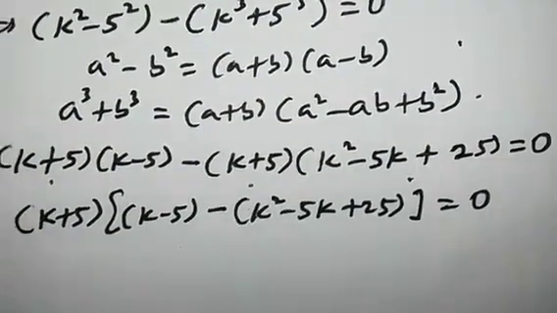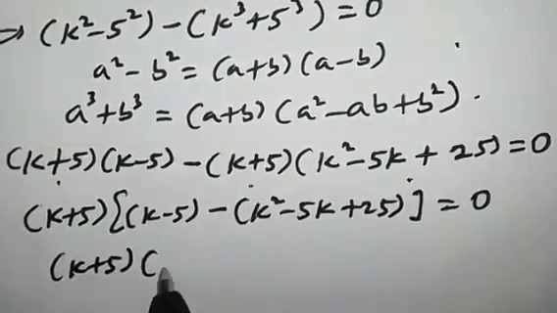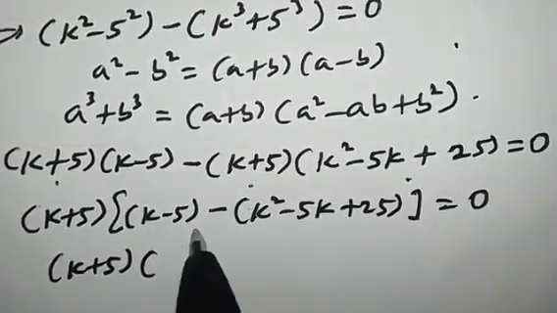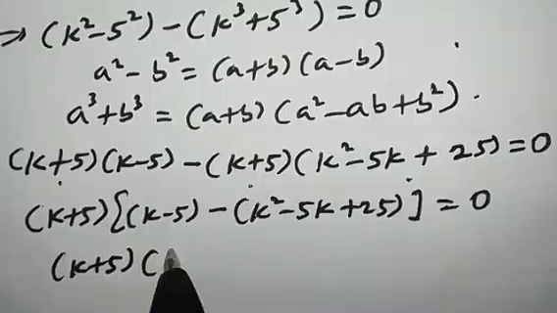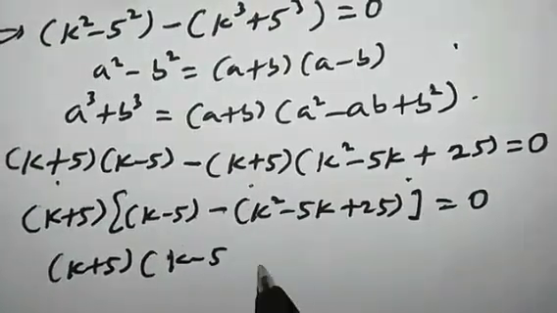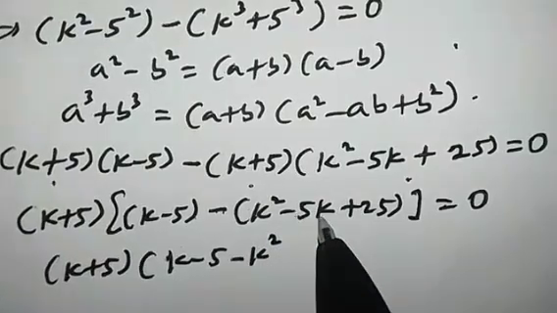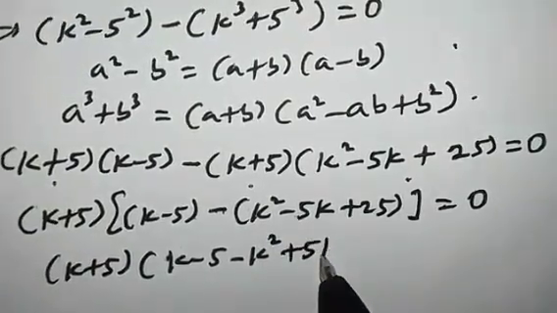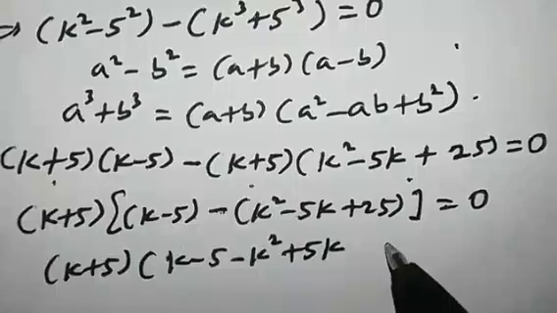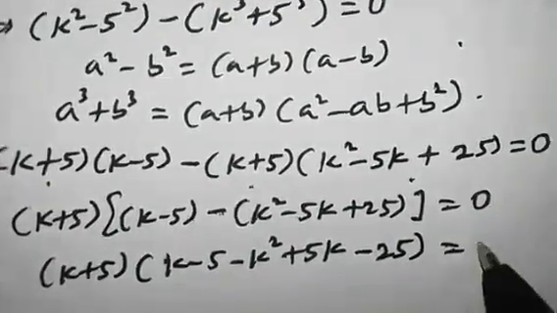Let's proceed further. So we have k plus 5 into k minus 5, just drop the brackets, minus times k square, that is minus k square, minus times minus 5k, that is plus 5k, minus times 25, that is negative 25, equal to 0.